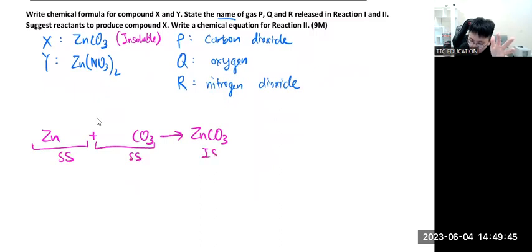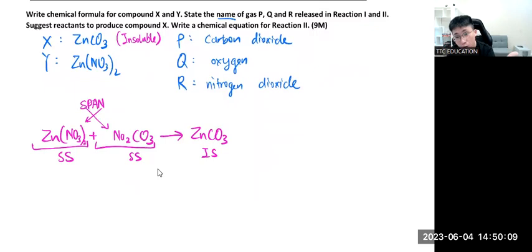So how to make sure Zn is soluble and CO3 is soluble? I add my spar salt. I will use it for my zinc, because it's NO3 minus. Then I will use maybe sodium for my CO3, because I will get Na2CO3. You can also use K2CO3, up to you. In this way, you can exchange your ions. You'll get ZnCO3 and NaNO3, which is a soluble salt. What we're focusing on is ZnCO3.